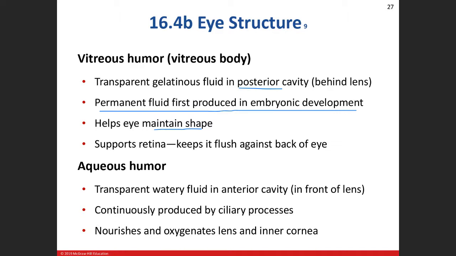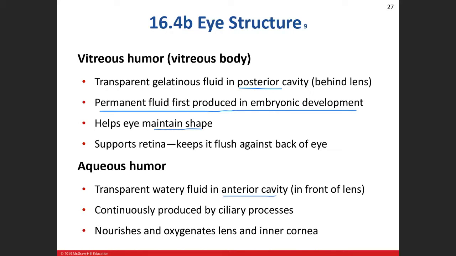It's one of the few remnants that has been there since your first development into becoming a human. If you've ever had a detached retina, has anyone ever heard of anyone? Yeah, I've never had one either, thank God. But the vitreous humor helps to keep the retina in place so it doesn't detach.